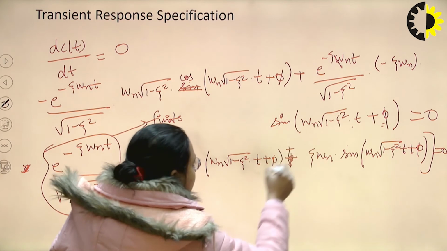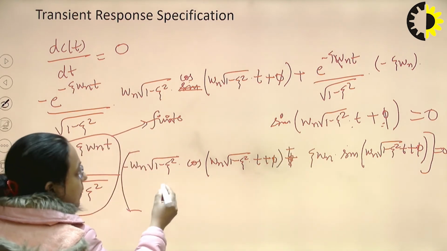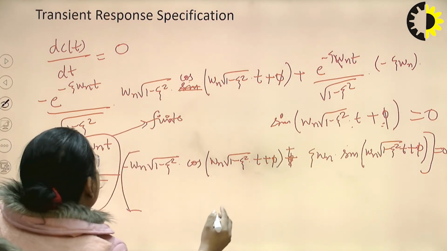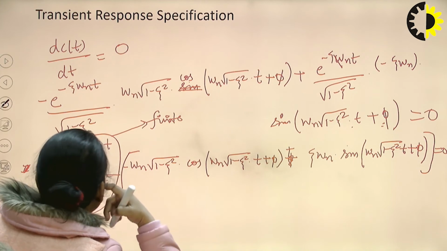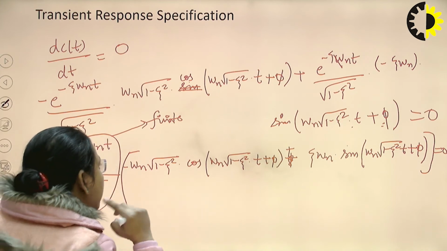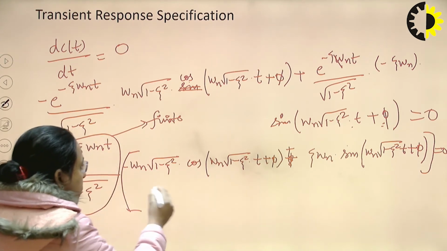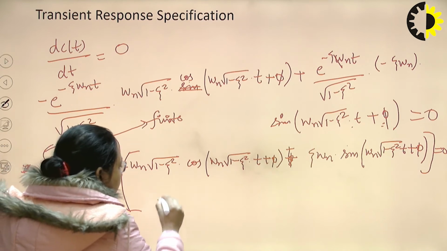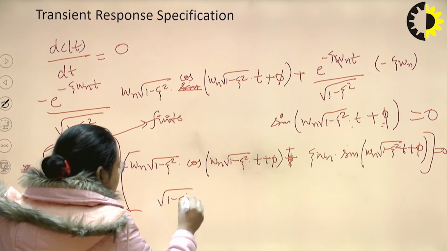So this will be plus here, it comes as plus here only, because we have minus outside, and minus minus plus and then again minus. So it will come out to be under root 1 minus zeta square.